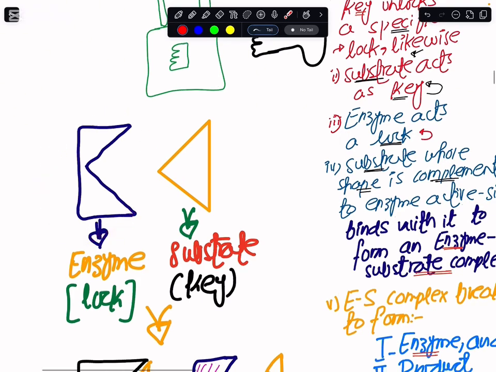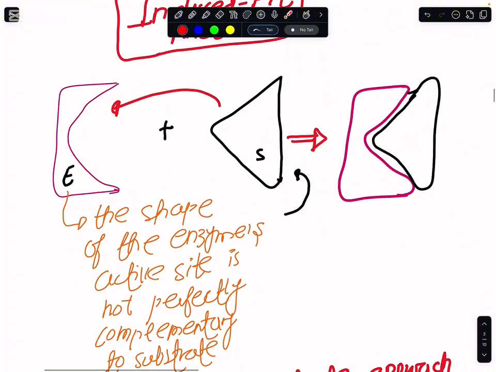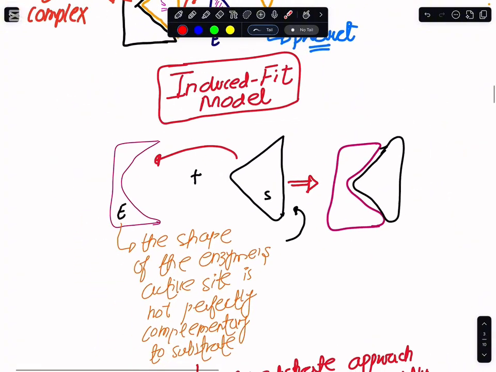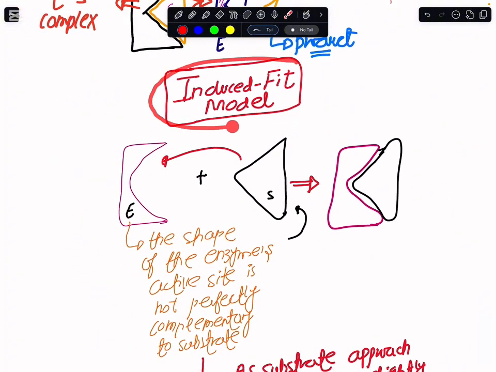This is not flexible. Now, further, the scientists came up with another kind of mechanism, termed the induced fit model. What the induced fit model basically presented is that the shape of the enzyme's active site is not completely complementary to the substrate molecule.